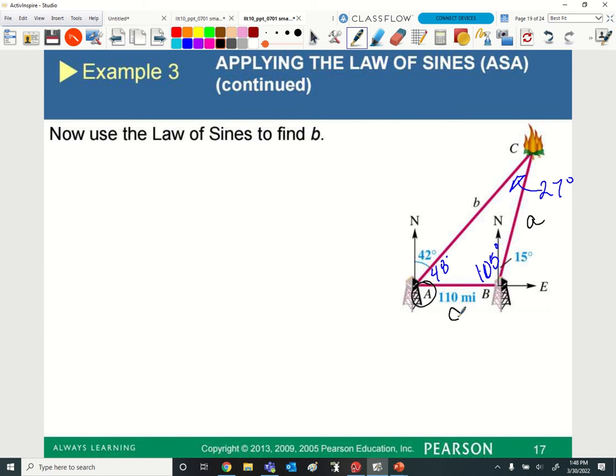Now, do I have a known pair? I have C's, don't I? I have big C and little c. So that's going to be 110 over sine of 27 degrees is equal to, what am I looking for in this case? Little b, right?